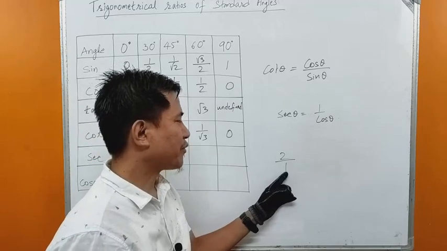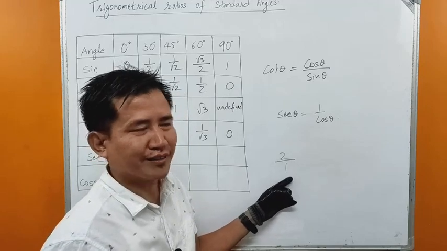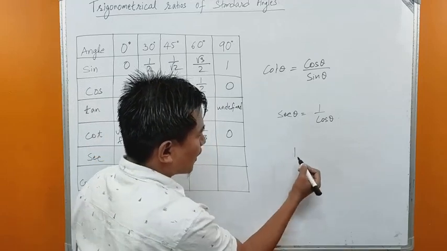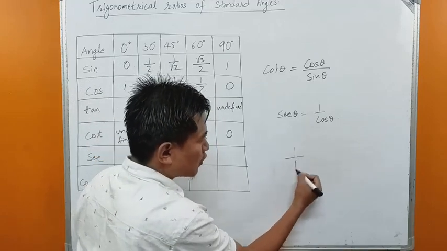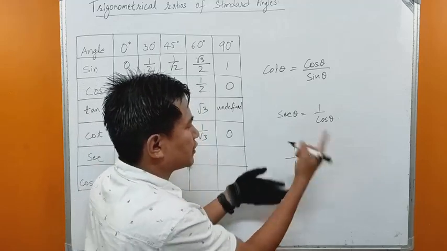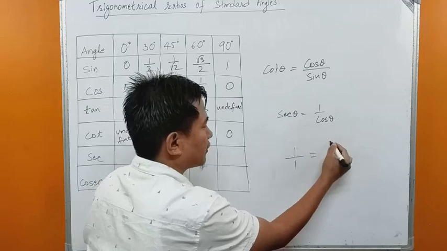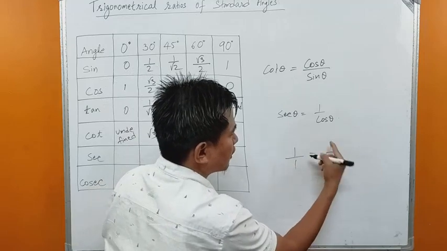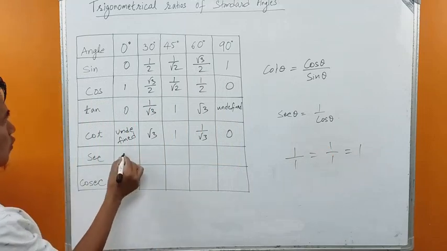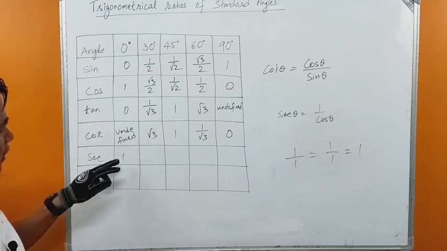So 1 upon 1 is 1. If we invert this, we bring this 1 to the numerator and take this 1 in the denominator, 1 upon 1. So 1 upon 1 means 1, isn't it? So this is 1, okay?